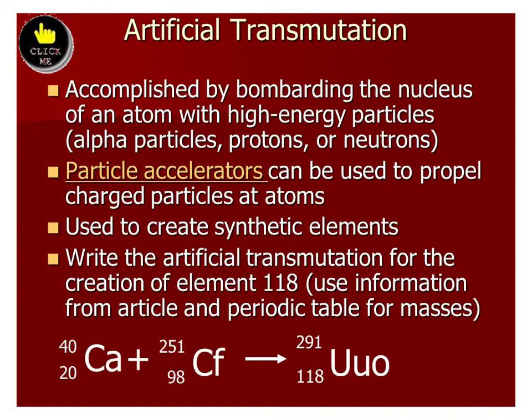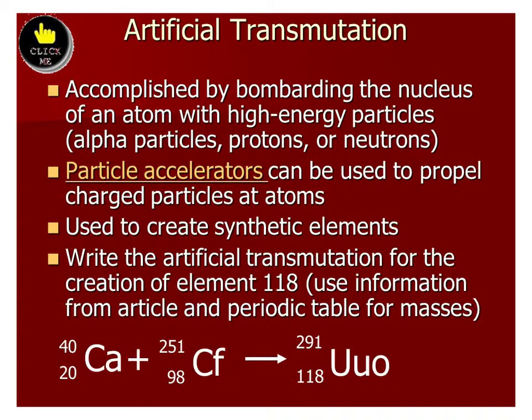If we do that with a calcium atom, and we bombard that into a californium atom, which is right here, this is my californium, here's my calcium. If we look up californium, you know it's radioactive because it's greater than 83. It's also synthetically made because it's greater than 92.